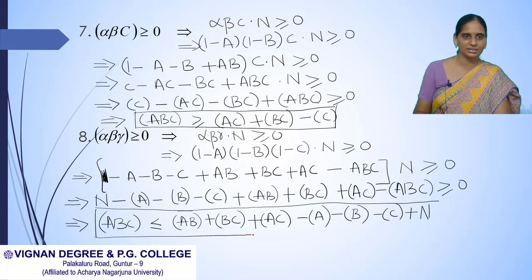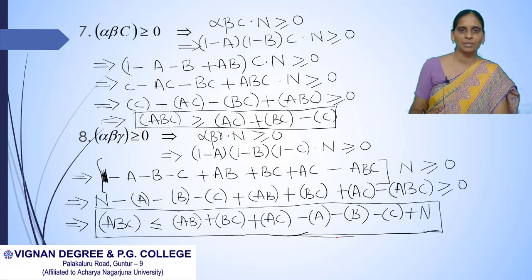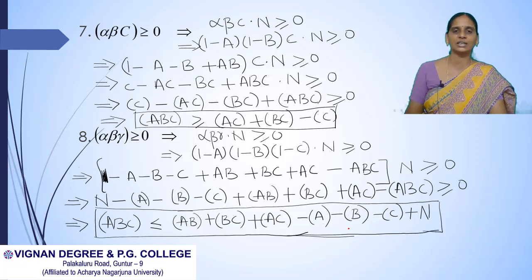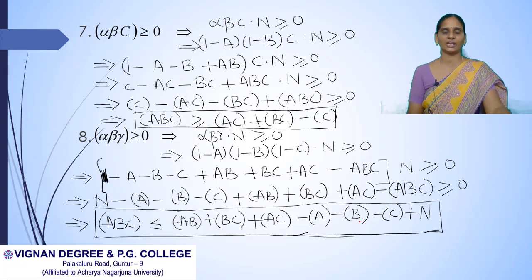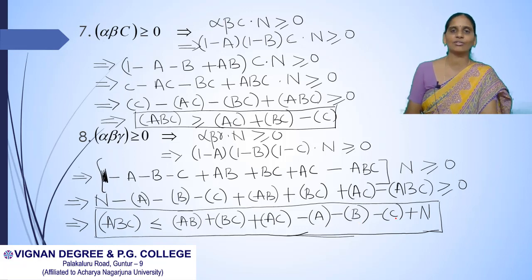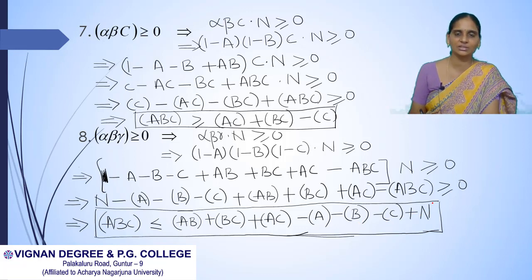We get the consistency condition is frequency of ABC is less than or equal to frequency of AB plus frequency of BC plus frequency of AC minus frequency of A minus frequency of B minus frequency of C plus capital N.